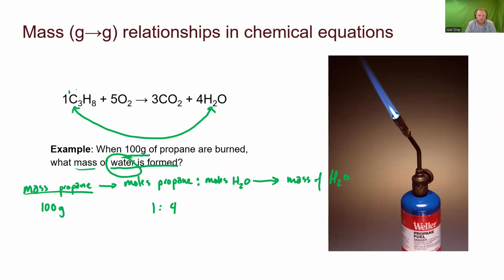Okay, what is our molar mass of C3H8 if carbon is 12 grams per mole and hydrogen is 1 gram per mole? 44. Great. Now my question is, we have 100 grams of propane. Do we have more than 1 mole, less than 1 mole, or exactly 1 mole of propane?